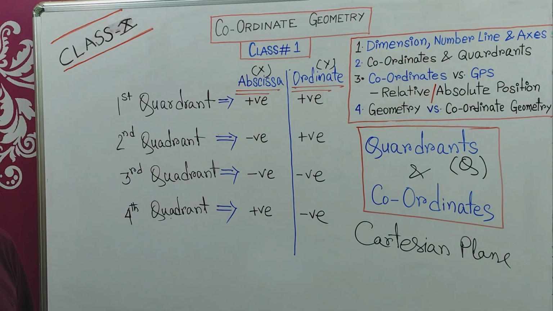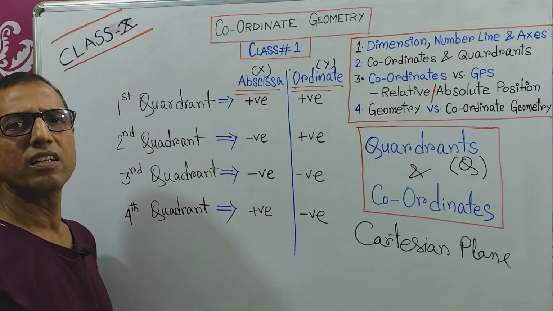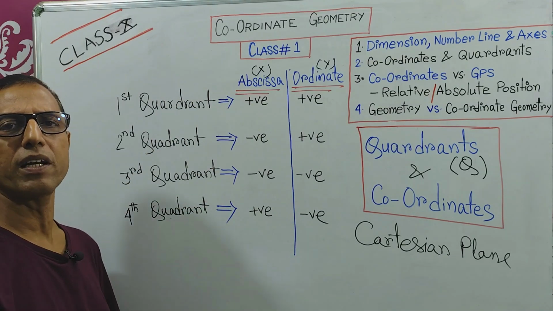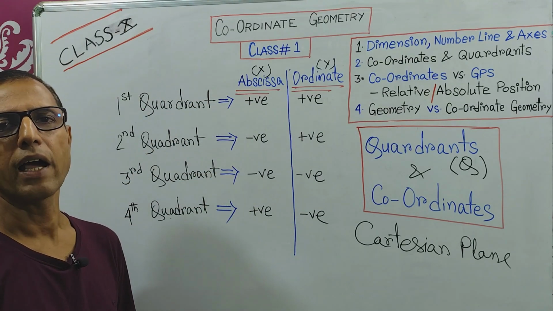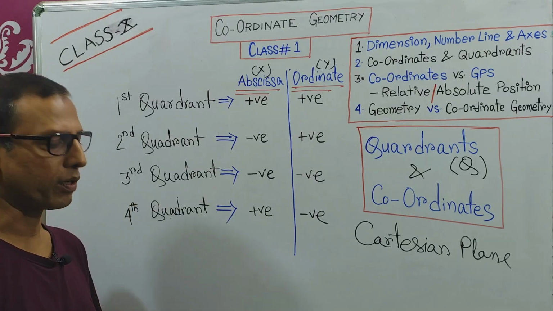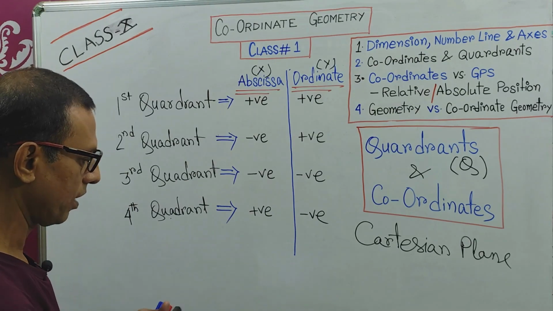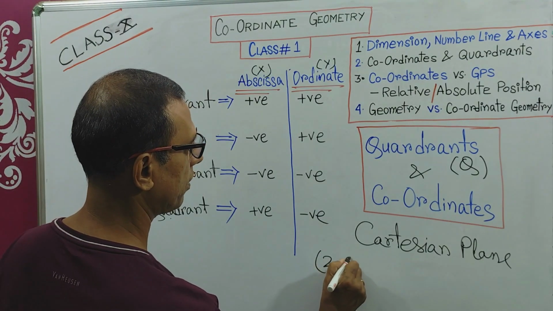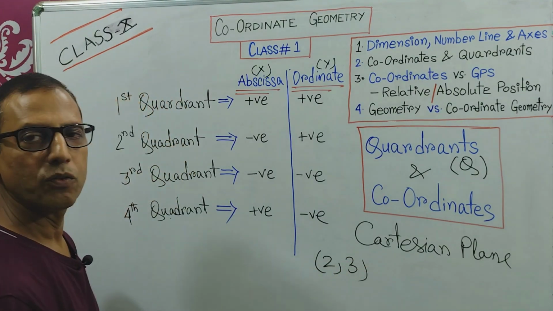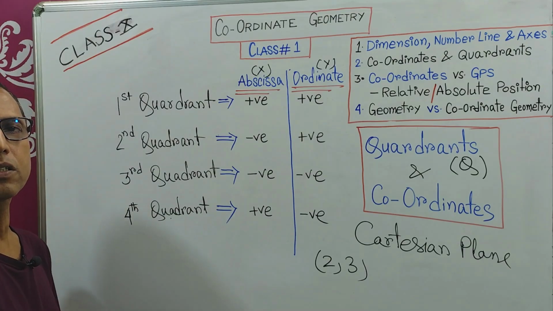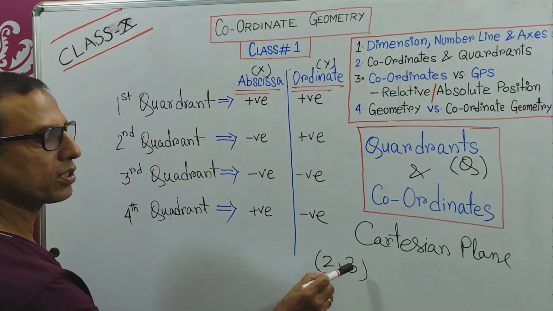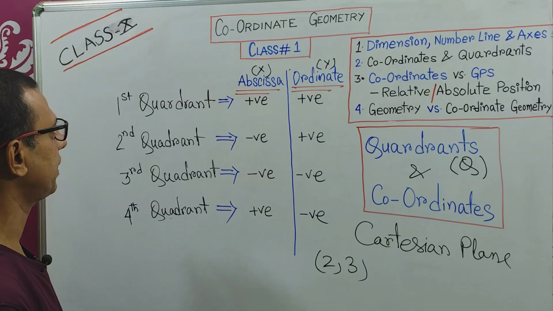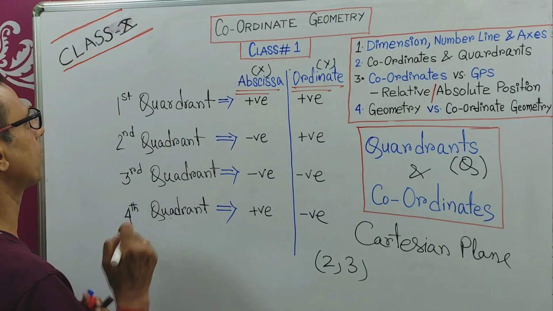Now, just remember the axis picture, and you are moving in the anti-clockwise direction: first quadrant, second quadrant, third quadrant, fourth quadrant. Now, if I give you one point, let's say (2, 3), in which quadrant is it? Because x is positive and y is also positive, it is in the first quadrant.